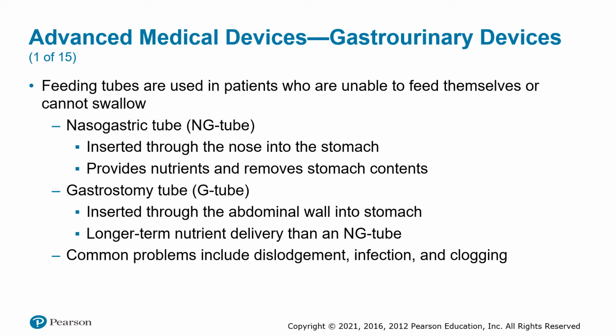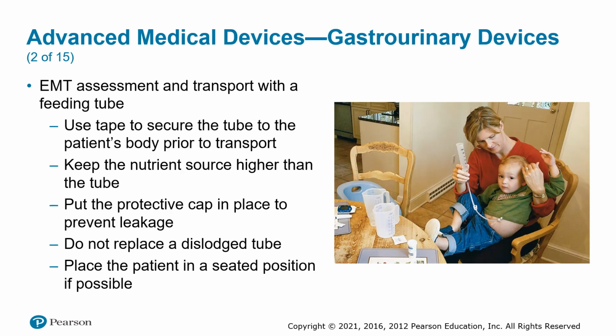Feeding tubes are used in patients who are unable to feed themselves and can't swallow. There are a couple different types. There's a G tube, an NG tube, a PEG tube. There's various other types, and you can have dislodgement, infection, and clogging as well.